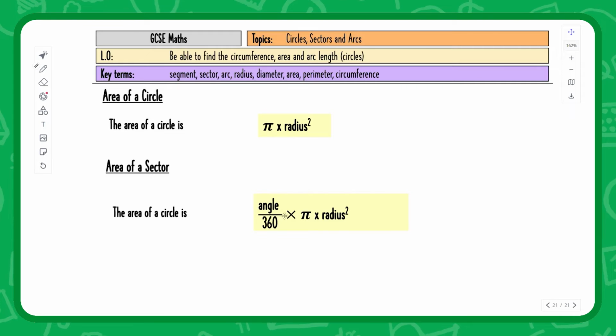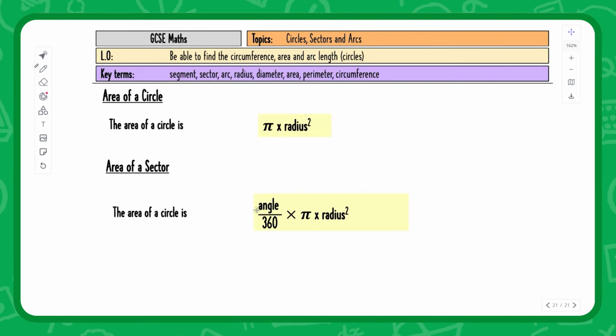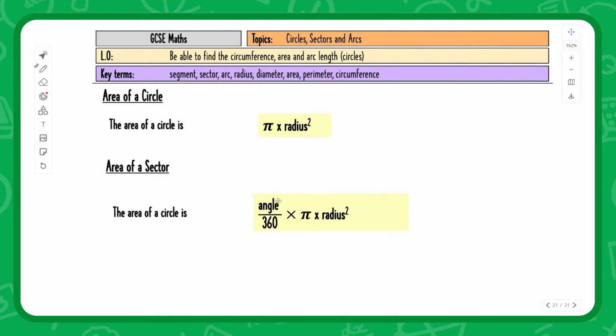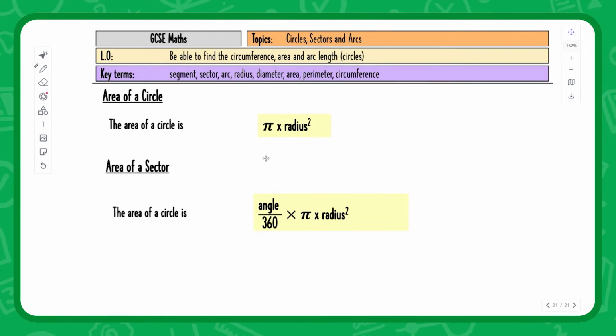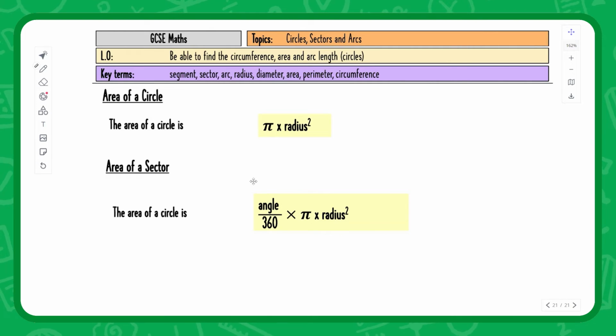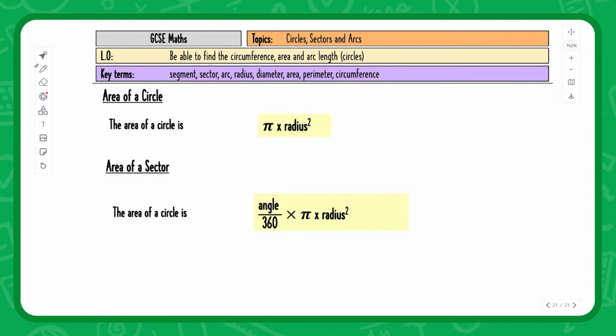So if, for example, we were looking at a quarter of a circle, a quarter of the full circle, which is 360, would be 90. So you would substitute a 90 into there. If the angle within a sector, for example, was 60 degrees, then you would put 60 over 360. And what this formula basically means is it's the proportion times pi r squared. So it's part of the full area.